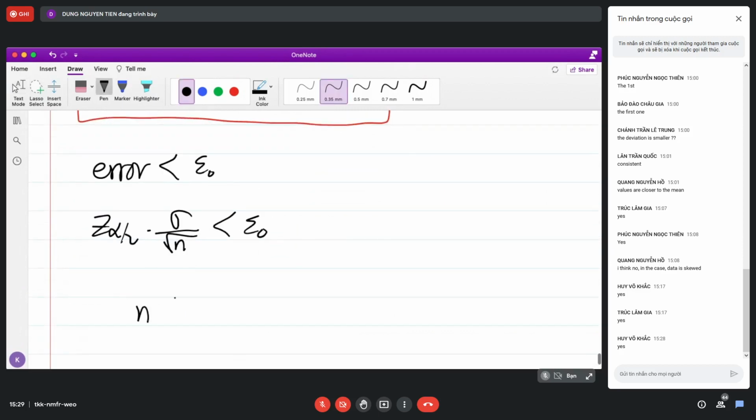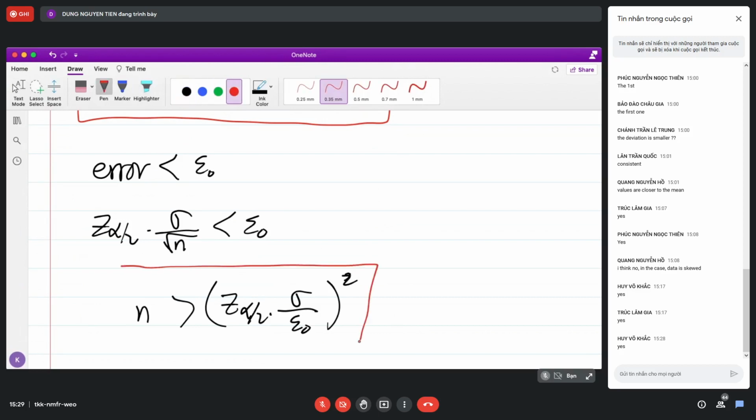Or let's say n is greater than z alpha over 2 times sigma over epsilon 0, squared, right? And this is also the formula that you can use to determine the sample size. Okay? Is that clear? All right.